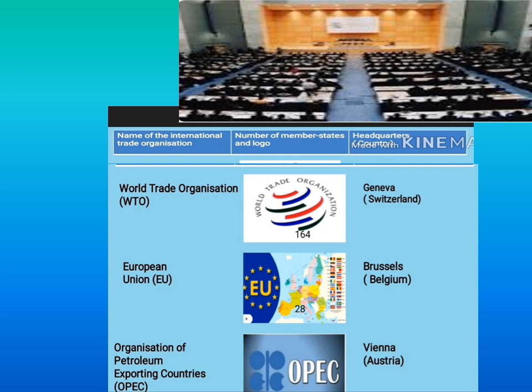Now the next organization is the European Union, that is EU. Number of member states is 28. You can see the logo of it. The headquarters is in Brussels, Belgium, and the aims are to establish an integrated market among member nations in Europe, free flow of goods, services and capital in Europe.